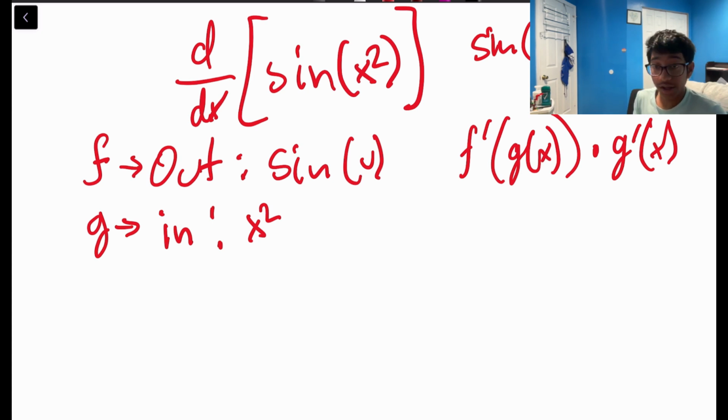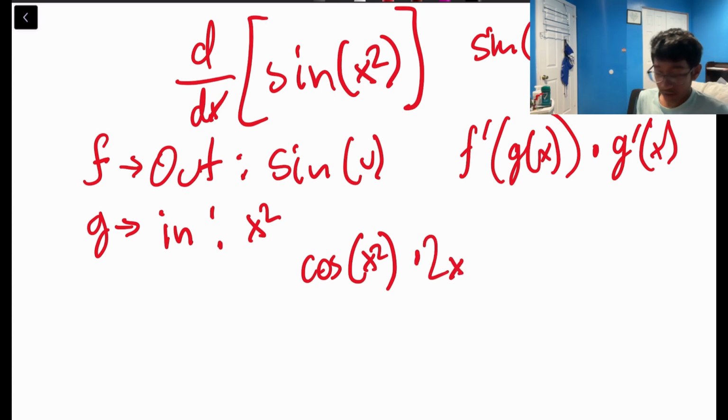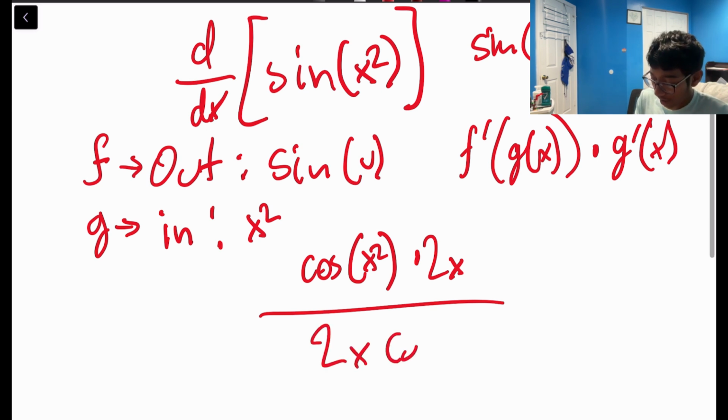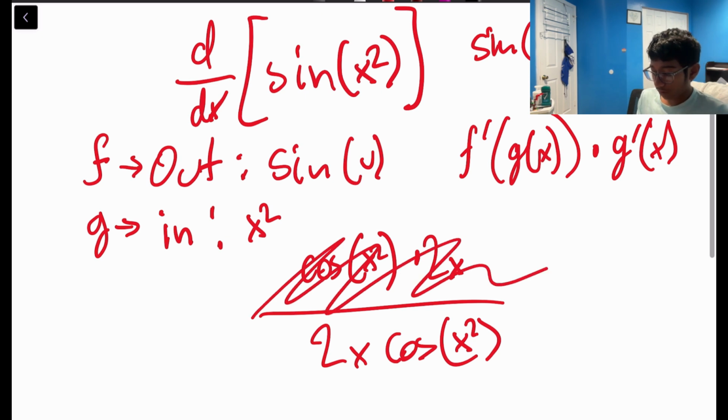And our u is g of x in this case, so we would say cosine of x squared. And then finally we have times g prime of x, where g is x squared, and the derivative g prime of x is going to be 2x. And this is our answer. We could just say 2x cosine x squared, and we solve the problem.